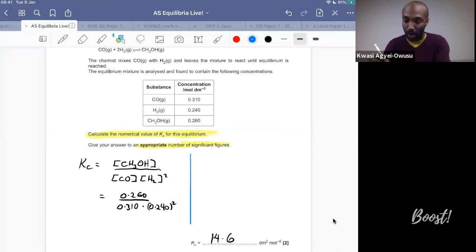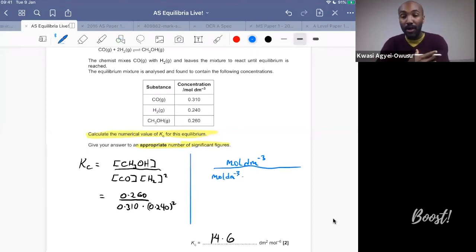So for the expression, we've got the concentration of methanol, so mole dm to the -3. Then underneath, you've got mole dm to the -3 for carbon monoxide. And for hydrogen, it's of course the square of the concentration.